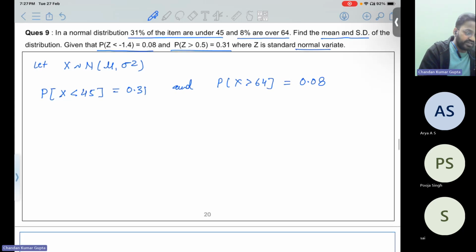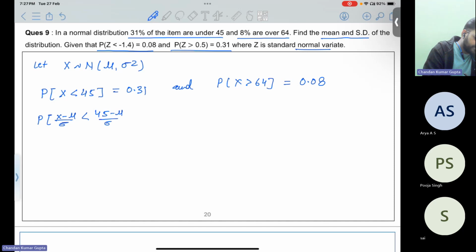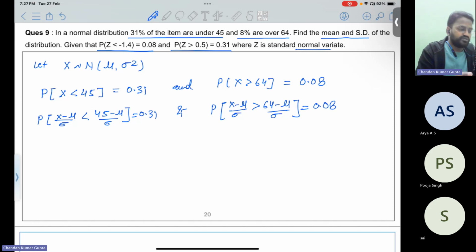So we may standardize the variable like this. First, X minus mu by sigma: probability that Z is less than 45 minus mu by sigma is 0.31, and probability that Z is greater than 64 minus mu by sigma is 0.08. Okay.